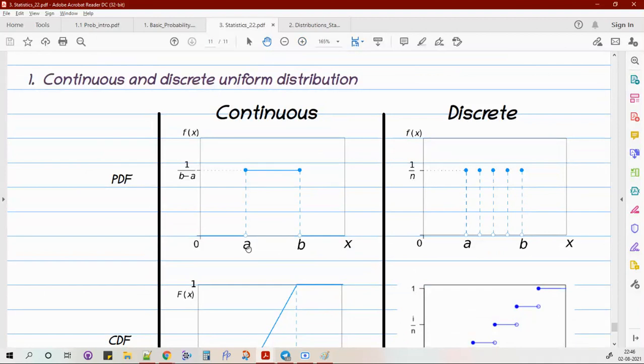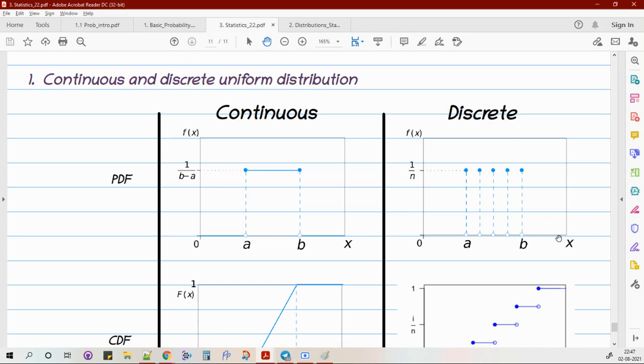From a to b, if it is continuous, then this height is nothing but 1 divided by b minus a, right? In case of discrete, the height is directly the probability. So the probability of any value of a random variable is 1 divided by n, and this makes sense, right?